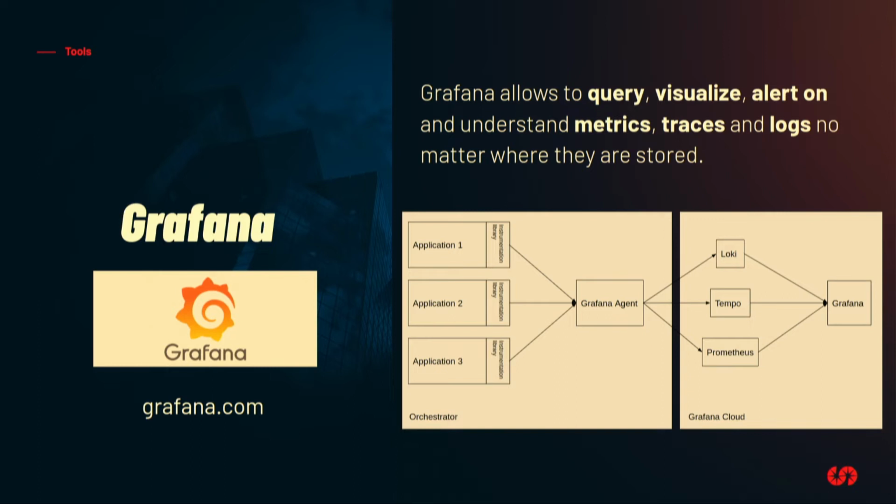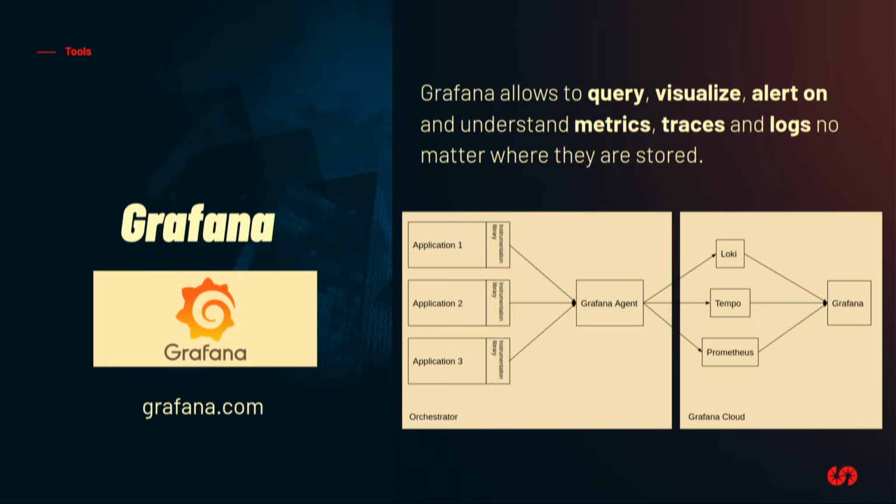Okay, as I mentioned, we will use Grafana to store and display metrics, and the architecture will be this one. So suppose we have 3 applications. We instrument all of those applications to send logs, metrics, and traces to a Grafana agent. That is a Go software that you can install, for example, in the same cluster as your application.